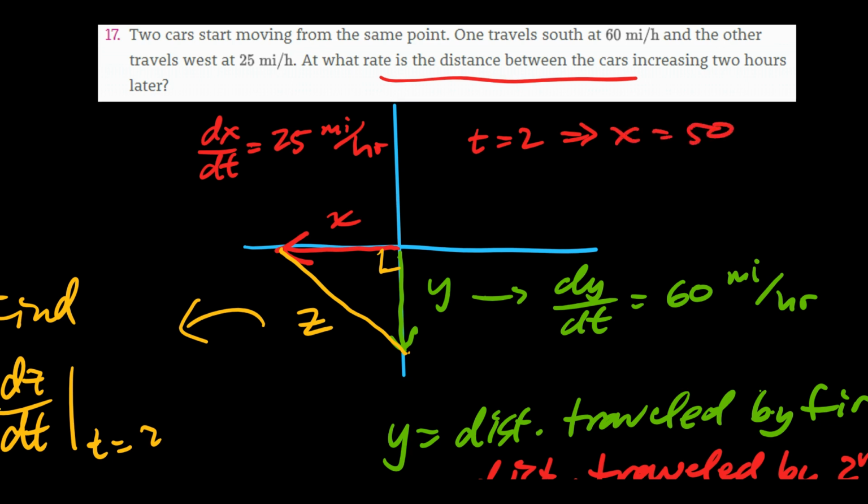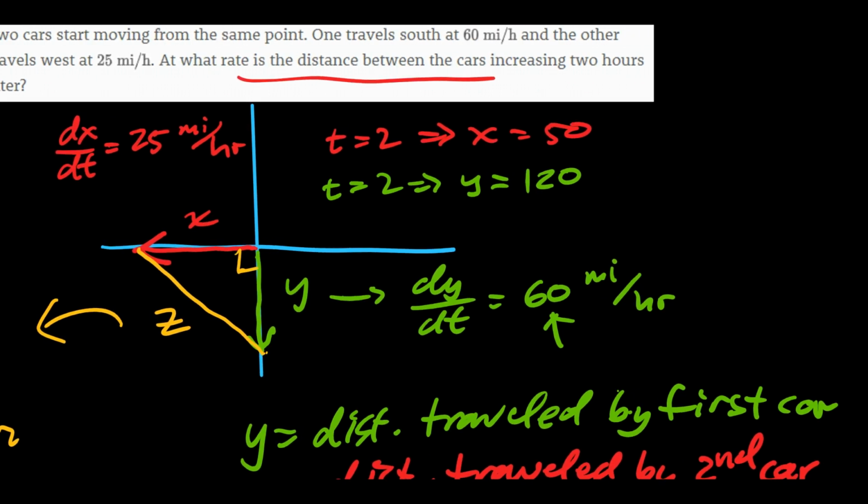When t is 2, y is going at 60 miles an hour, so y is 120. And when we do the Pythagorean theorem, we get 50 squared plus 120 squared equals z squared.